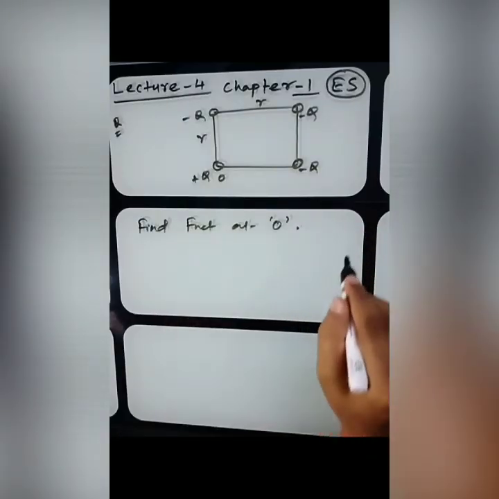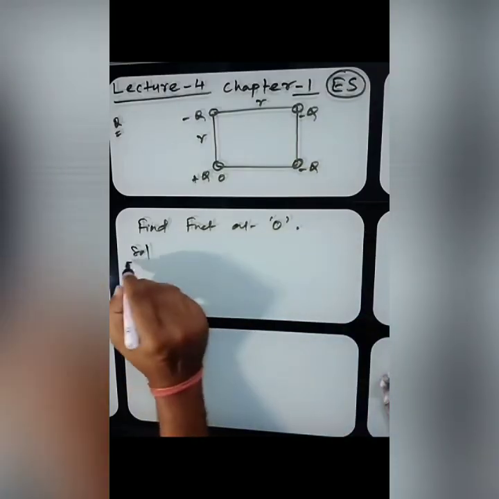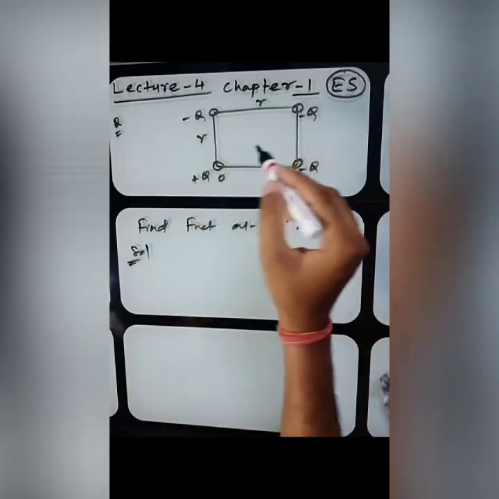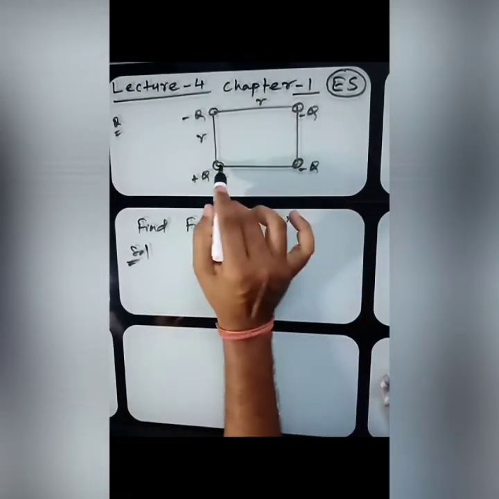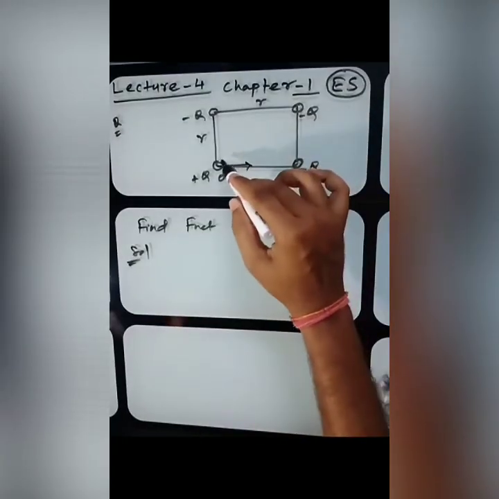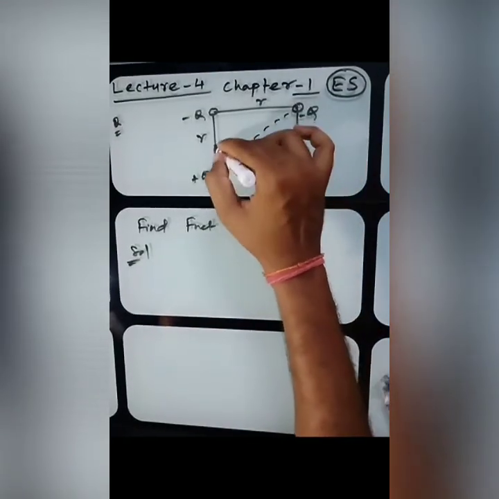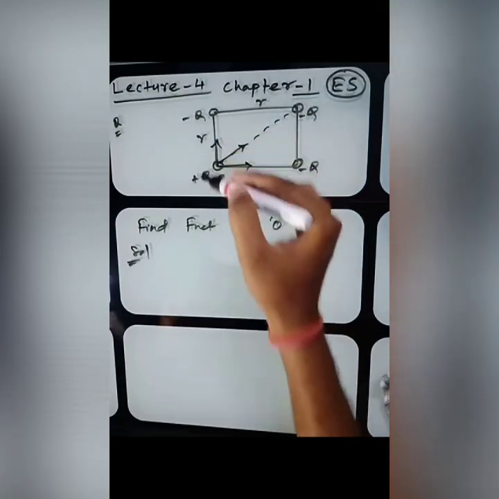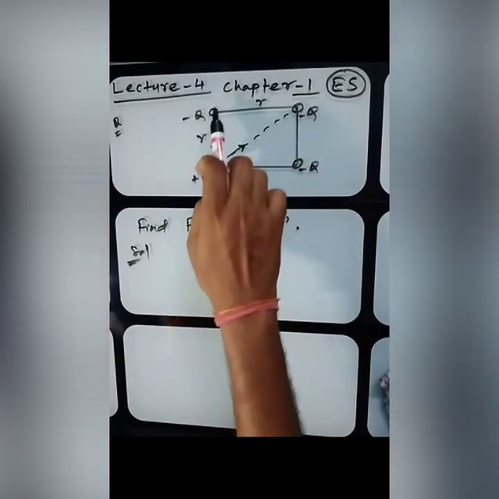I am helping you here. The force between the three charges you have to find. Here the positive, negative, the direction will be in this direction. The force will be in this direction and the force will be in this direction. Of course, these two charges are same in magnitude and these two charges are same in magnitude.